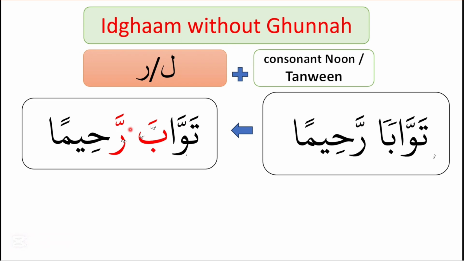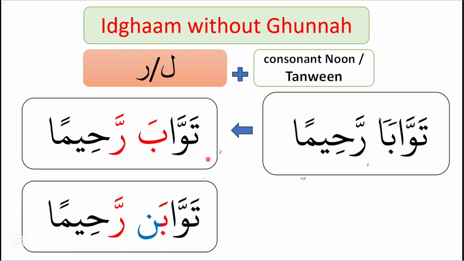توابا رحيما. So this is how to pronounce these two words applying this rule. What you should not say is here: don't pronounce the tanween. This letter in blue here is the noon, which is the sound of tanween that you need to delete.